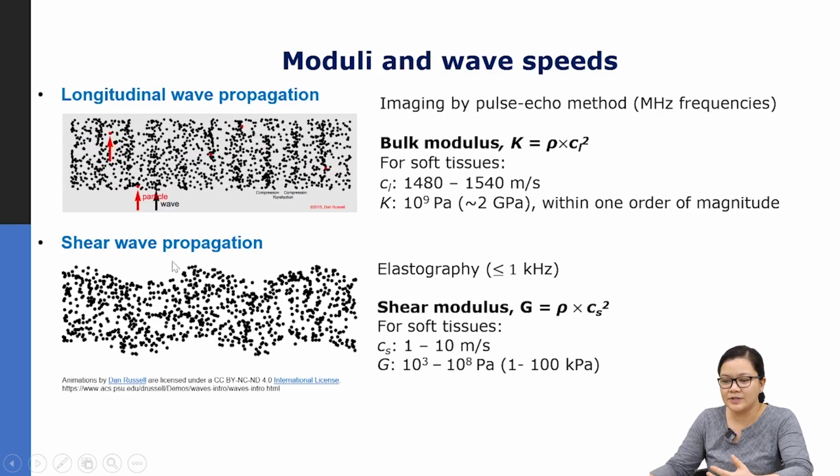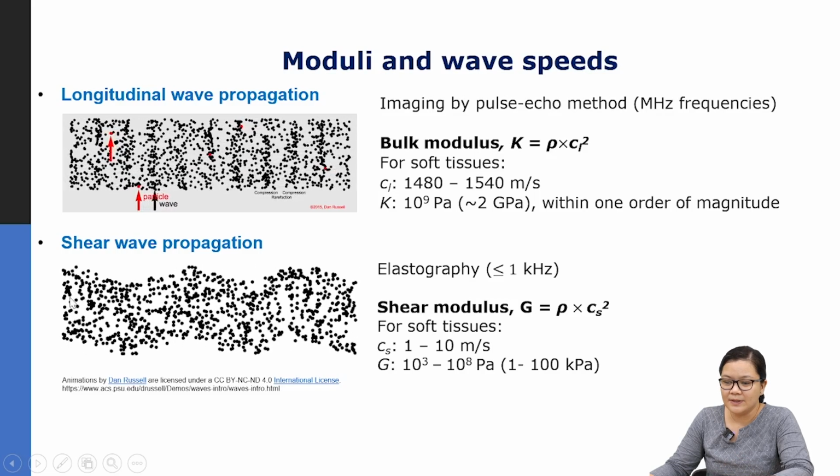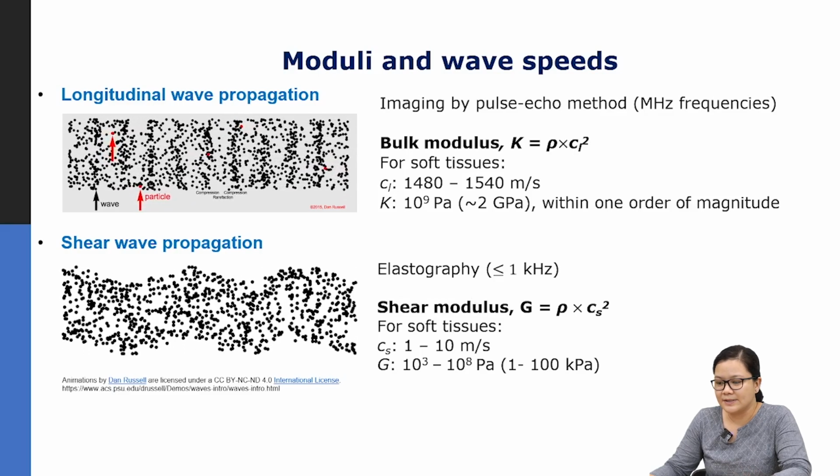When we talk about shear wave propagation, this type of wave is mainly used for elastography. So shear waves, what happens in there is that the particles oscillate perpendicular to the direction of the wave propagation. And typically the frequencies of shear waves are less than 1 kilohertz.